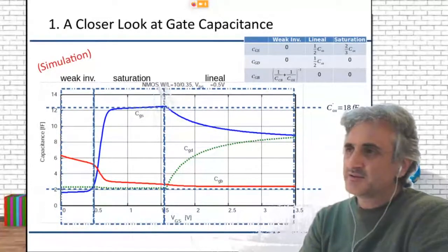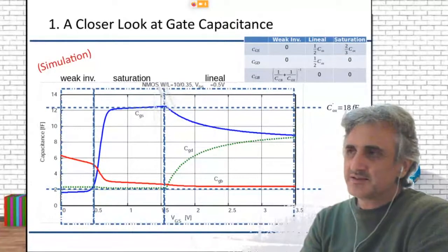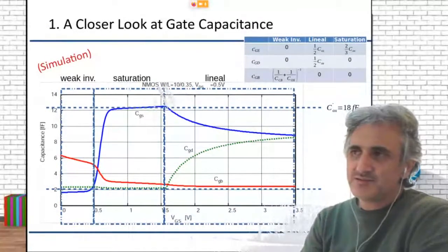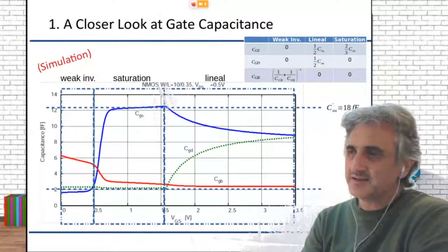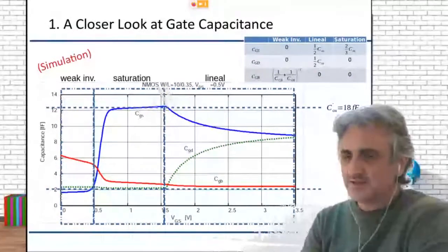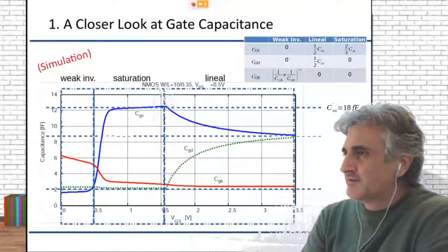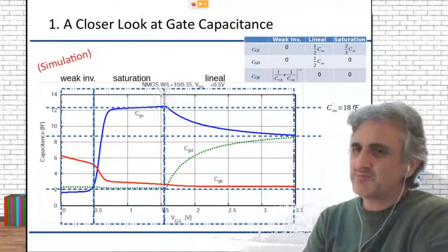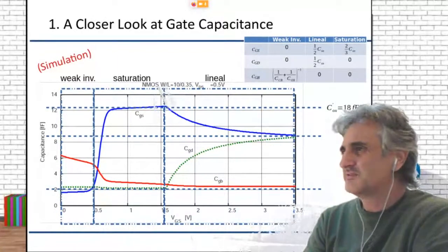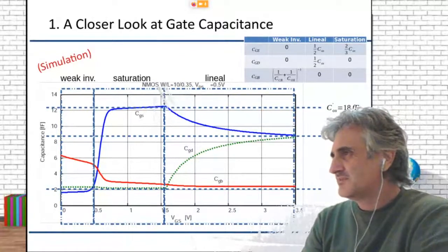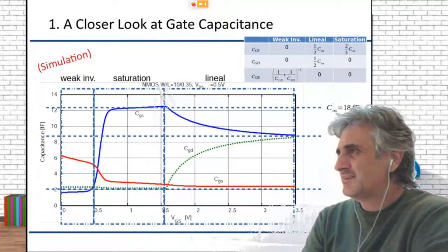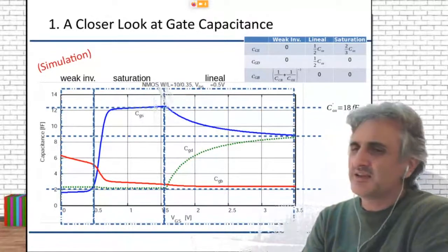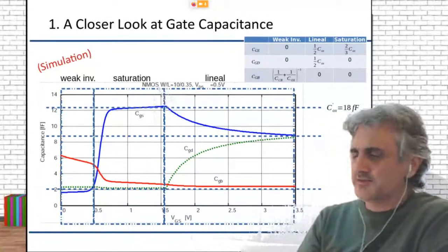So if this is 2/3 of C oxide, then CGS and CGD should be around 9 femtofarads. They are at 9, more or less at the end of the region, and they are changing between 12 and 9. But let's call it a constant.